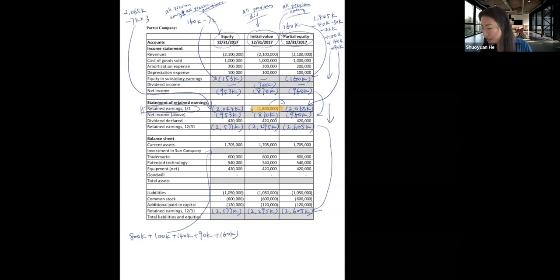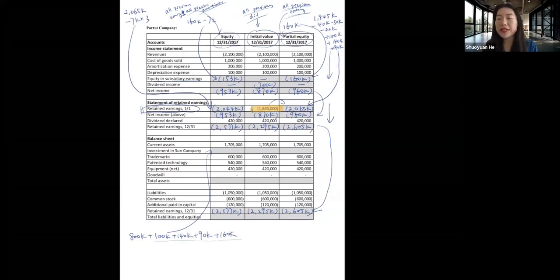So one thing to pay attention to here is for your investment account, we need to add all of the net income up until the current year. Please don't leave the 2017 net income out because this is the end of the year investment account balance. So we need to include the 2017 net income in the investment account balance.